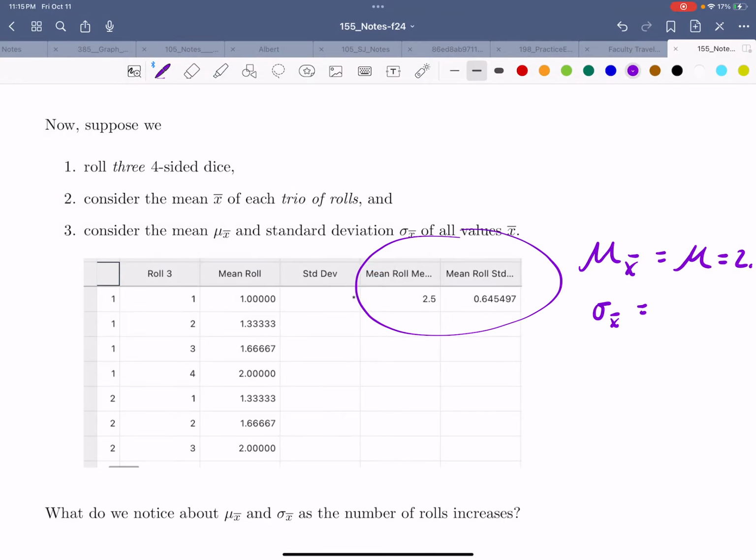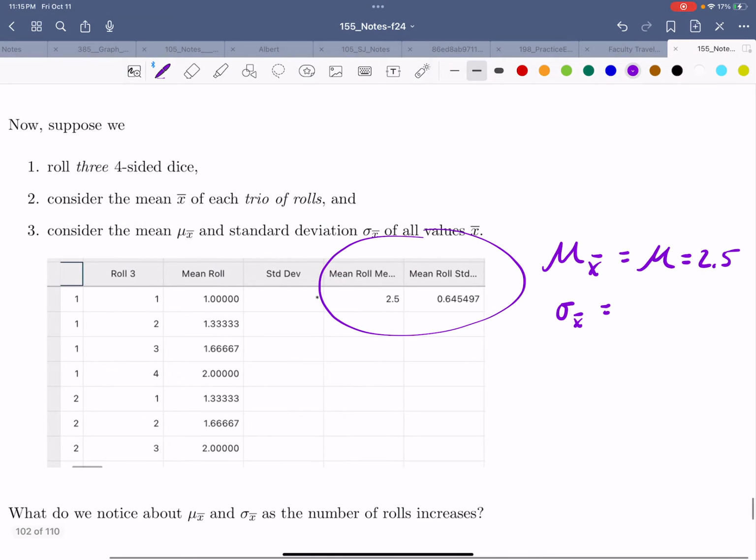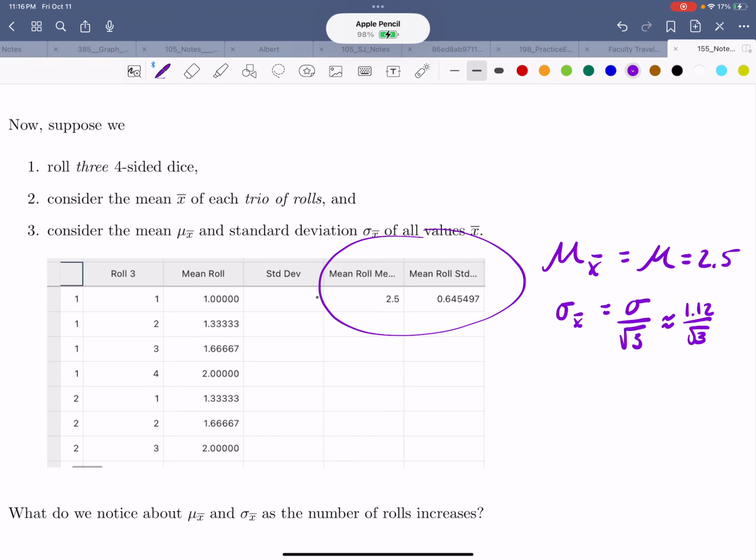That's worth noting. So this winds up being the original standard deviation divided by the square root of 3, about 1.12 over root 3. Okay, interesting. All right, that's the end of this example.